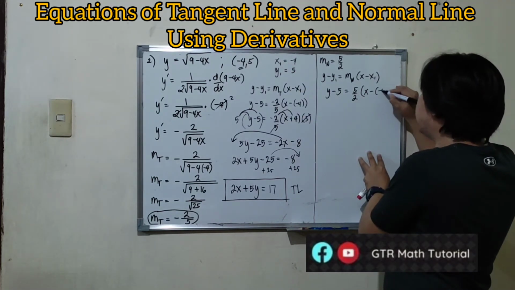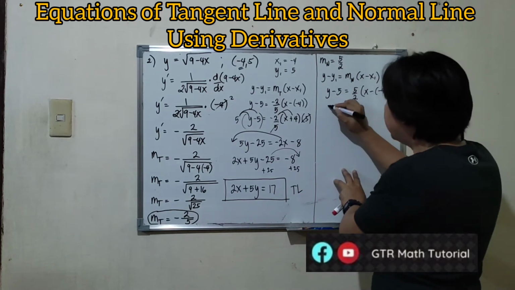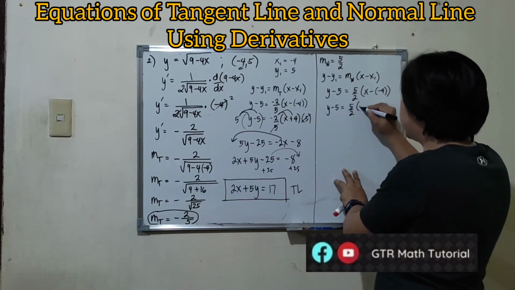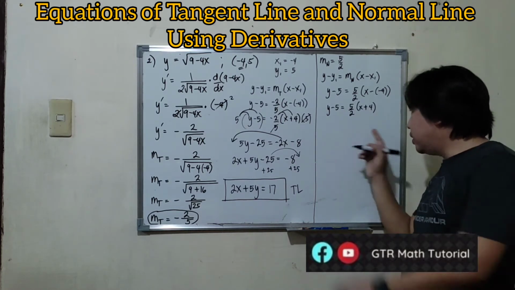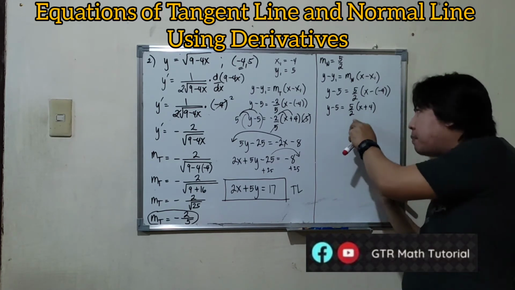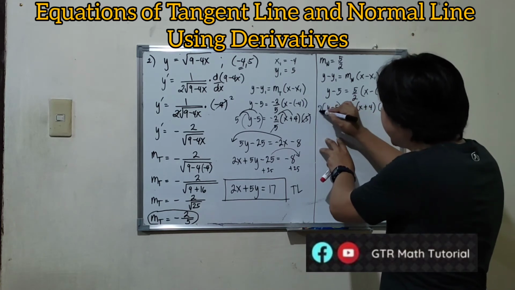So minus negative 4. Again, 2 negative, so that will become positive. So we have y minus 5 equals 5 over 2 times x plus 4. Okay? So, get rid of the denominator by multiplying both sides by 2. So, multiply both sides by 2 para mawala yung denominator natin.